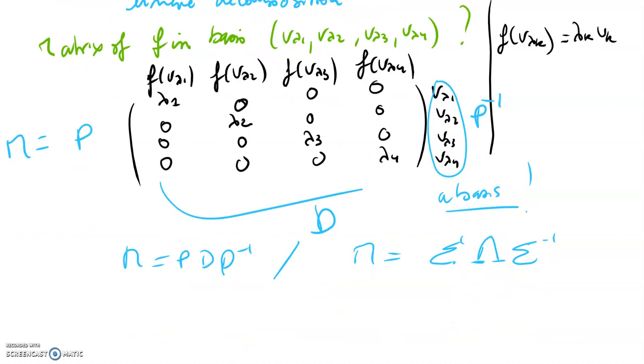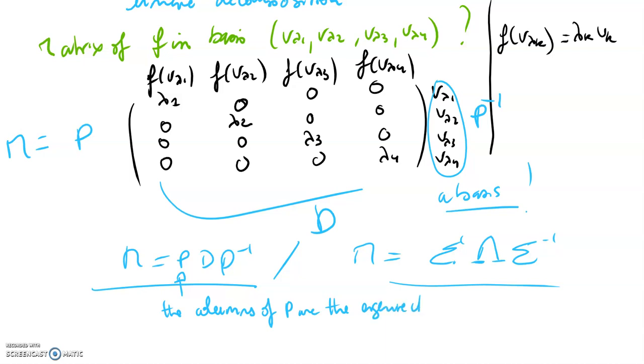I don't remember exactly the notations that are used, but you have to remember one way or the other, and in here you've got the columns of P being the eigenvectors. Okay, so in order for P to be invertible, P minus 1 exists, so you can write this change of basis formula.